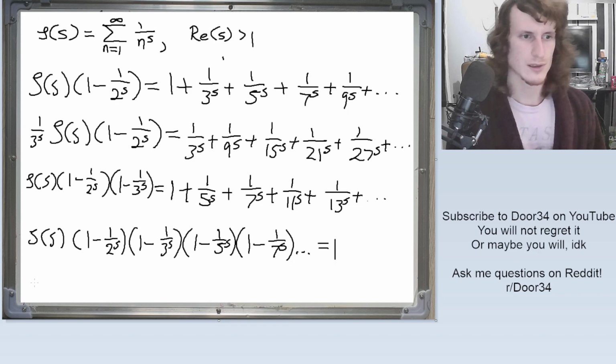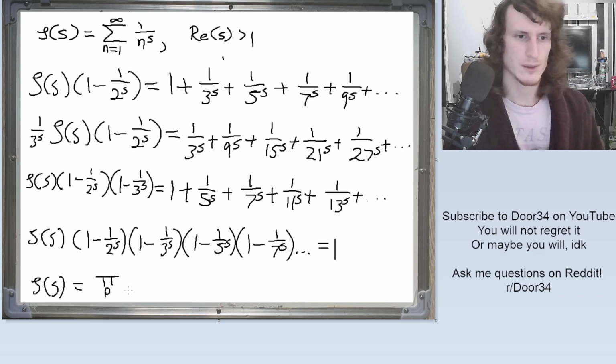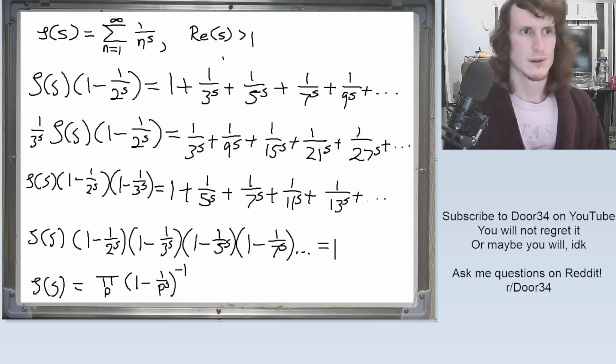In other words, zeta of S is equal to the product over p, where p is a prime number, of 1 minus 1 over p to the S, all to the negative 1 as well, because we're dividing out. Alright, so that is the link between the zeta function and prime numbers.